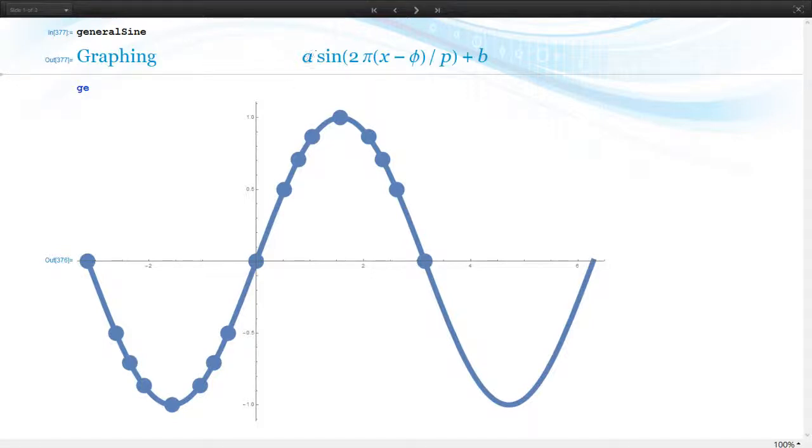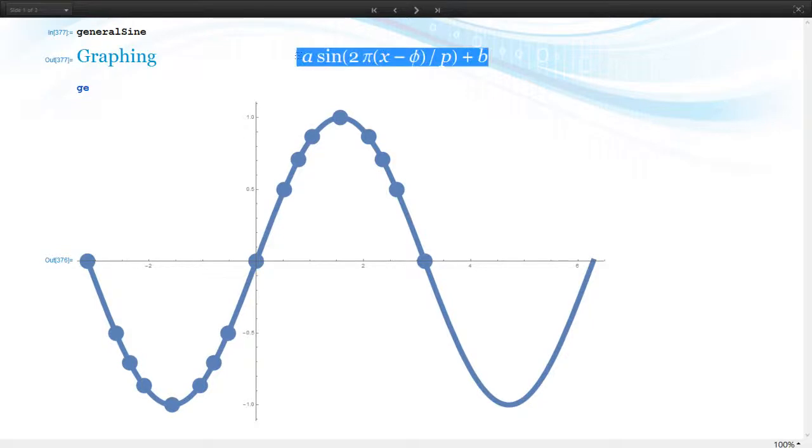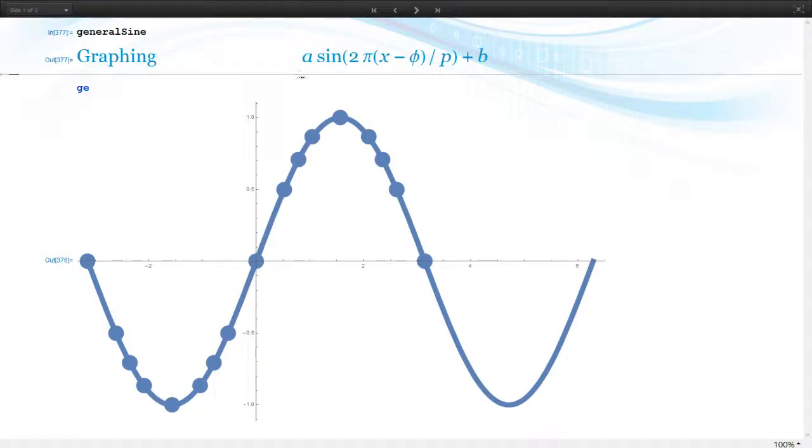So it'll be graphing a sine of 2 pi times x minus phi over p plus b. And what we mean by these different variables we've added in here are a is a vertical stretch, because a is the coefficient on the outside of the function.